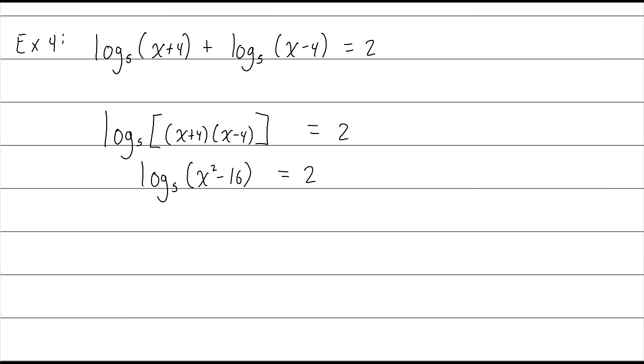Okay, I want to get rid of log base 5, so I'm going to say 5 is my base on both sides here, and each side becomes the exponent. That cancels out, leaving me with x squared minus 16 equals 5 squared, which is 25.